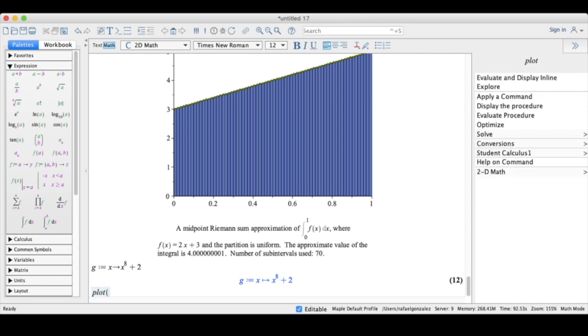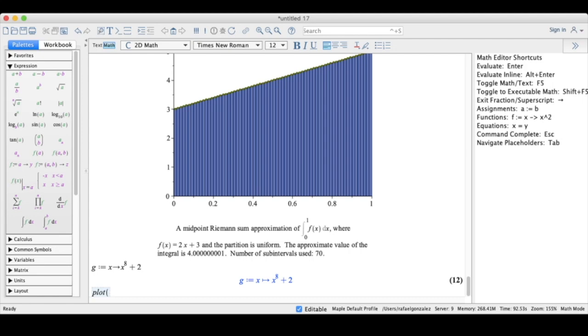Let's look at our function G to see how it will look. Obviously, it's not going to be linear. The endpoints are both going to be going in the same direction, up to infinity on both ends, and it's going to have a y-intercept at 0, 2.